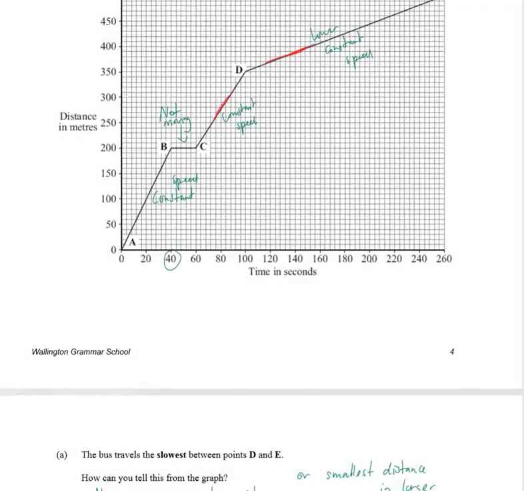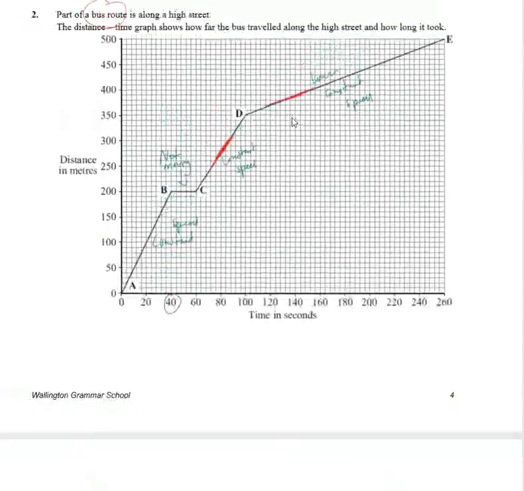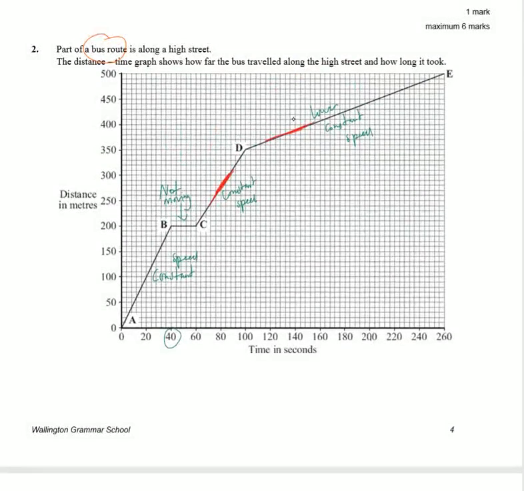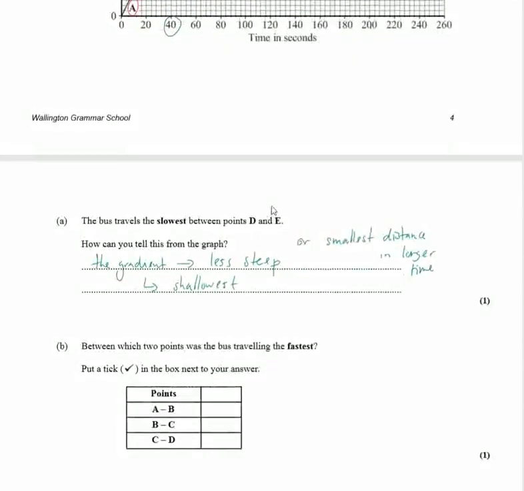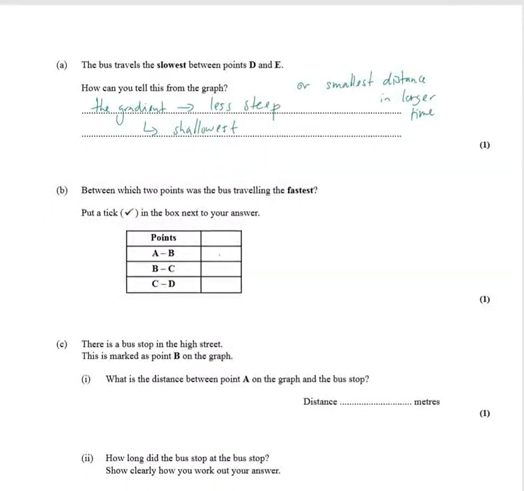This one here is steeper than D to E. However, if you look at A to B, the line is steepest compared to the other ones. Therefore, fastest. So the gradient needs to be steeper. That's how we can tell in this case.